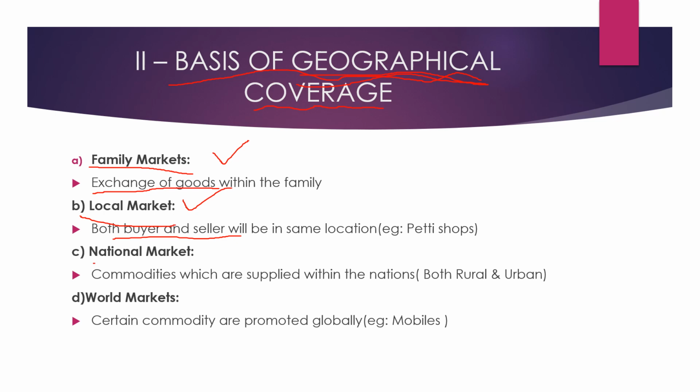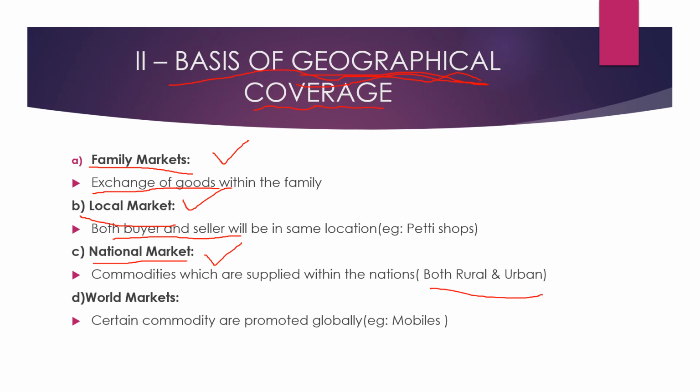And the third one is national market. National market means all the commodities supplied throughout the nation, to both rural and urban areas. Our national market is a domestic market.